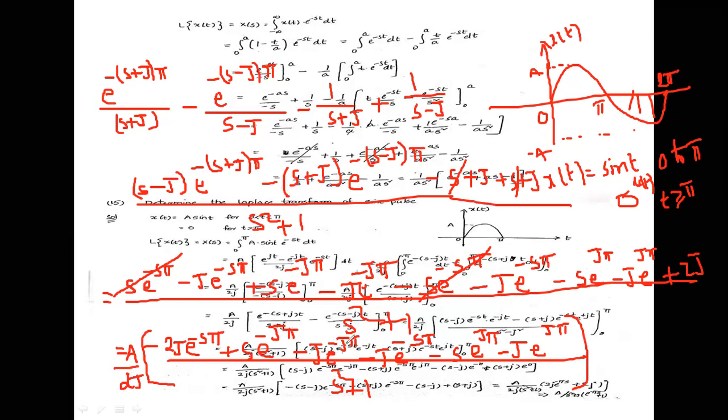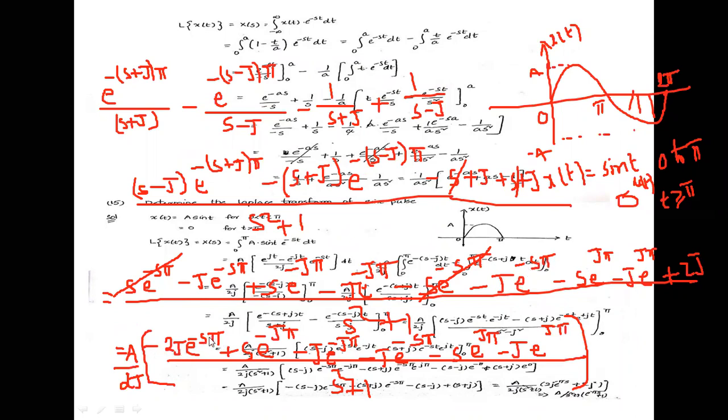E power minus j pi, and here the e power minus j pi is there. E power j pi, e power minus j pi, you can take. So after the simplification, we'll get minus j e power minus s pi, and minus j e power minus s pi.